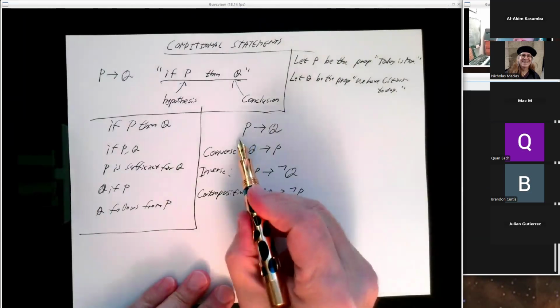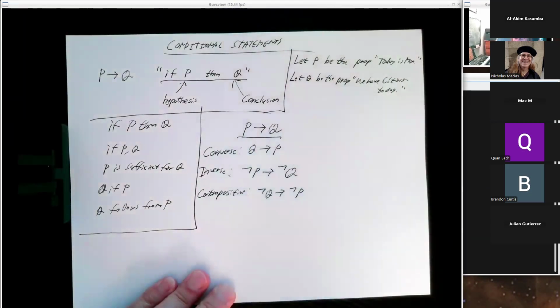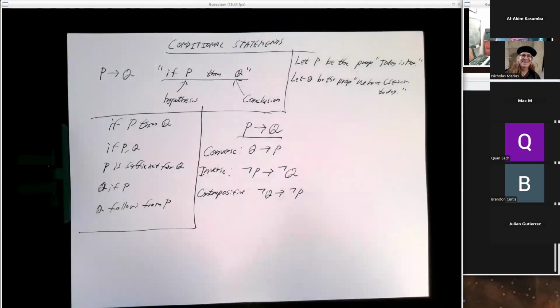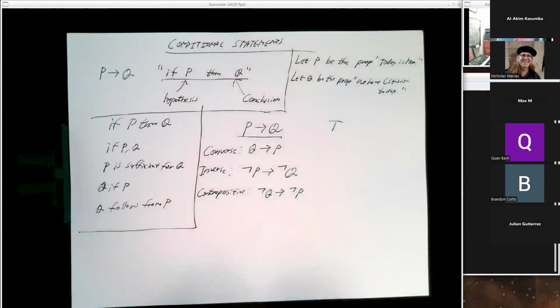So this proposition says if P, then Q. If today is Monday, then we have CSE 215 today. Is that a true proposition? Just right now. Yeah, not next week, but today, this is a true proposition.